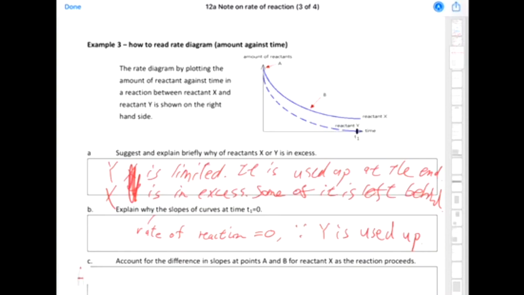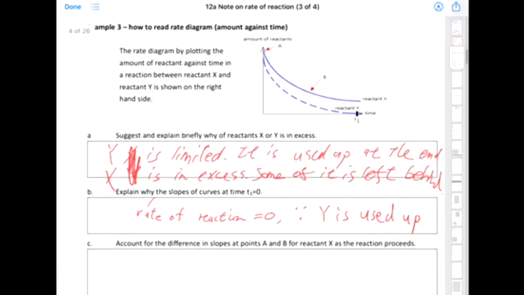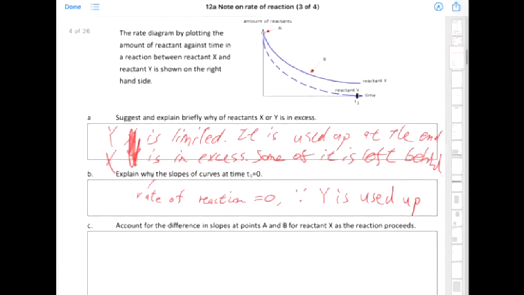And the final question about the graph is why the slope on reactant X is different at different points of reaction. And obviously it drops, the reaction rate drops. Why? 你見到佢個 slope 一路咁樣冇咁斜啦嚇 become less negative as time proceeds. And what is the reason?